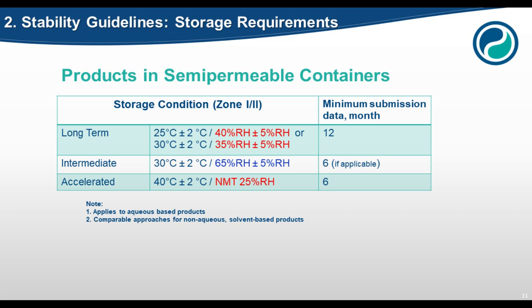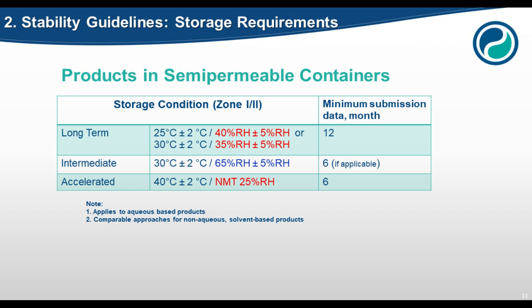And this slide shows the storage condition requirement for climate zone 1 and 2 for products in semi-permeable containers, and most apply to aqueous-based products or non-aqueous-based, solvent-based products. And here I want to point out the storage condition for the humidity requirement.